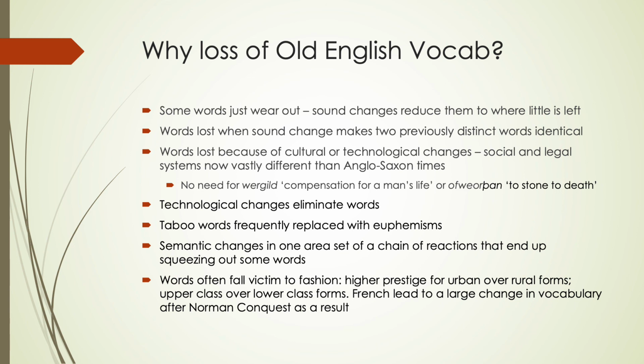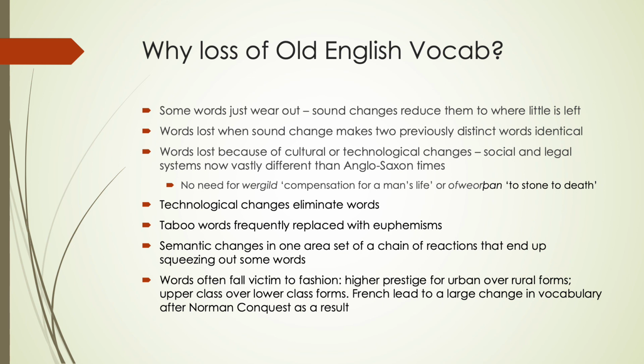And this is what led to a very large change in our vocabulary after the Norman conquest, because French was the prestige language. It was that language that had power and was used among the upper classes. So this is where a lot of lexicon can come from in those language contact situations. And so because of the influence of French in the beginning of the Middle English period, we also see a lot of our Old English vocabulary fall by the wayside in lieu of using French forms instead.